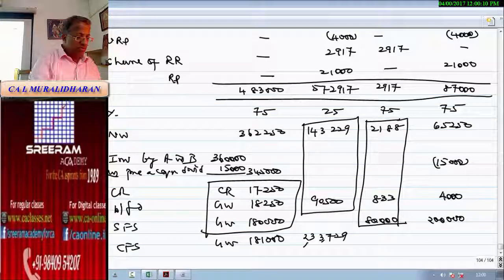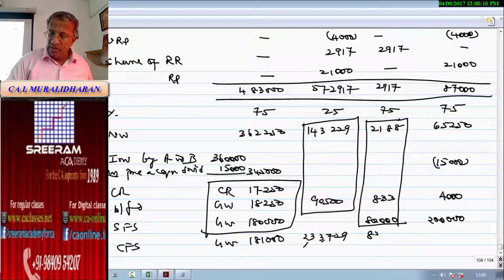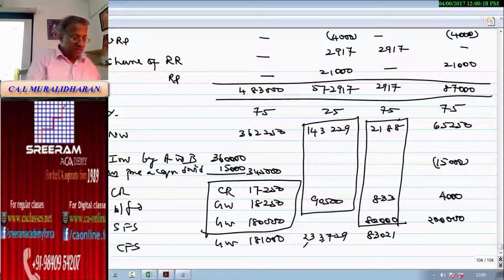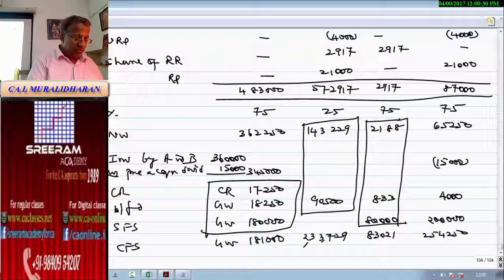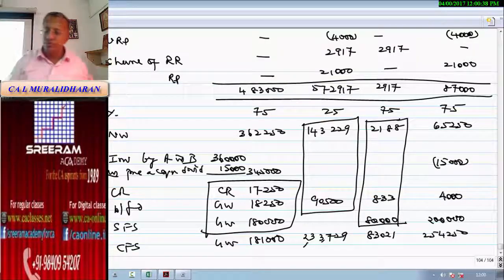So it is 2,188 plus 833 plus 80,000, 83,021. 65,250 minus 15,000 plus 4,000 plus 2 lakhs is 2,54,250.